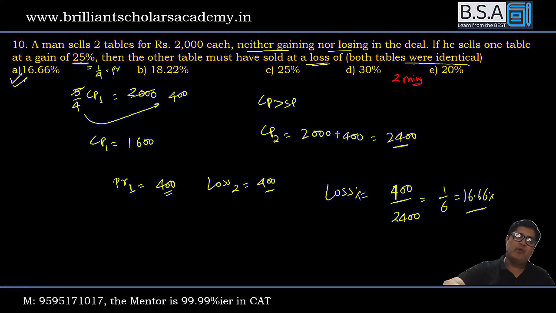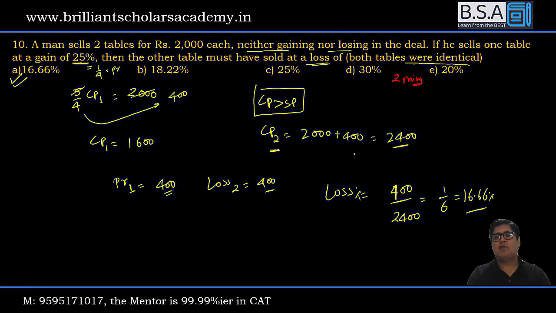So you have to work around in this manner that you find out the cost of first. From there, you find out the profit amount. From there, you find out the loss amount. And from there, you find out the loss percentage. Loss is incurred whenever cost price is more than selling price. In this case, how much more?